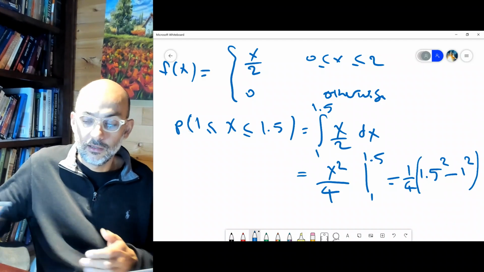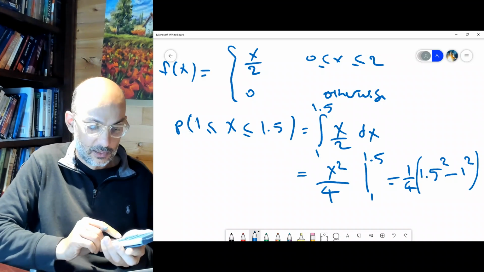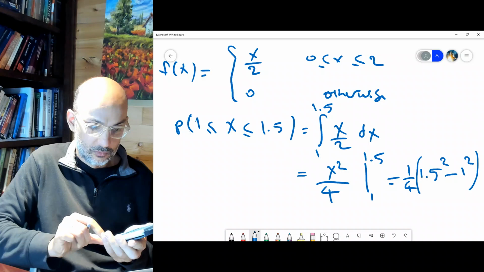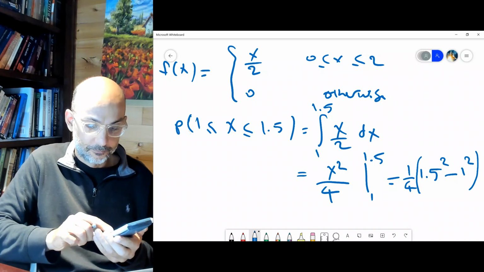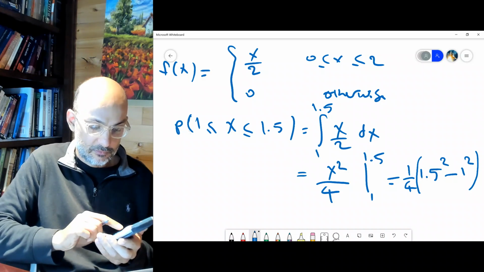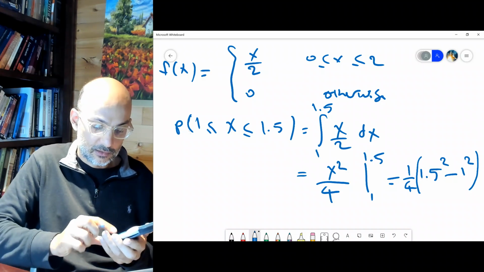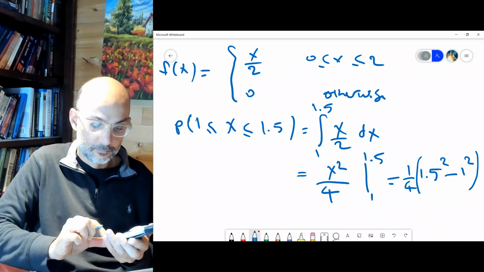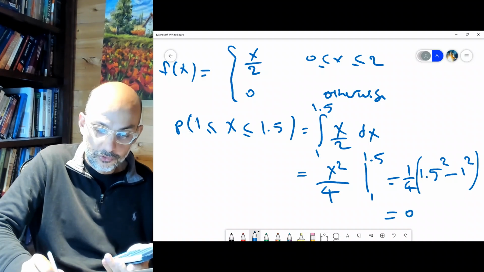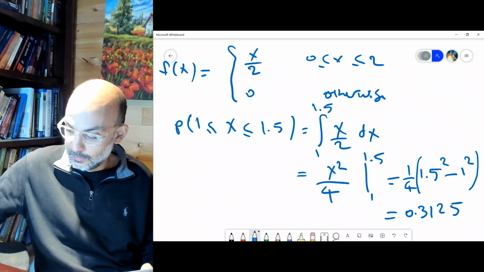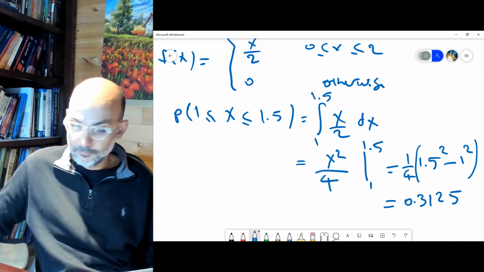I use my calculator: 1.5 raised to 2 minus 1. Yes, it's 1.25 divided by 4. It should be 0.3125, right? This is the first probability.